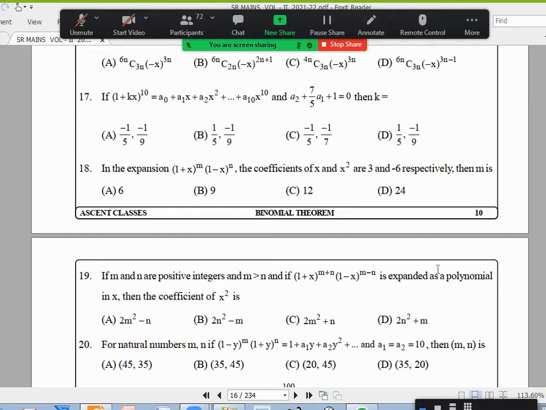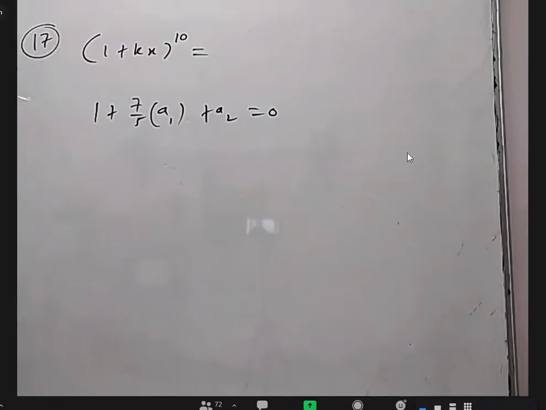In that I want only A1 and A2. 1 plus 7 by 5 into A1, the x coefficient, plus A2, the x square coefficient, is 0. From that they want k. These are all actually simple things just to become familiar with the binomial theorem, not complicated.